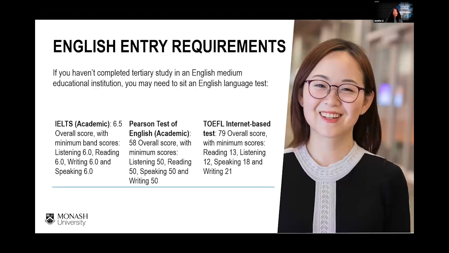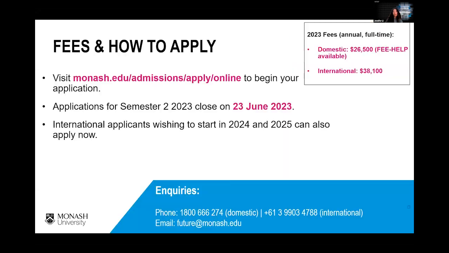All applicants also need to meet the English language requirements. If you haven't studied in an English medium higher education institution, you may have to sit an English language test in order to demonstrate your language proficiency.